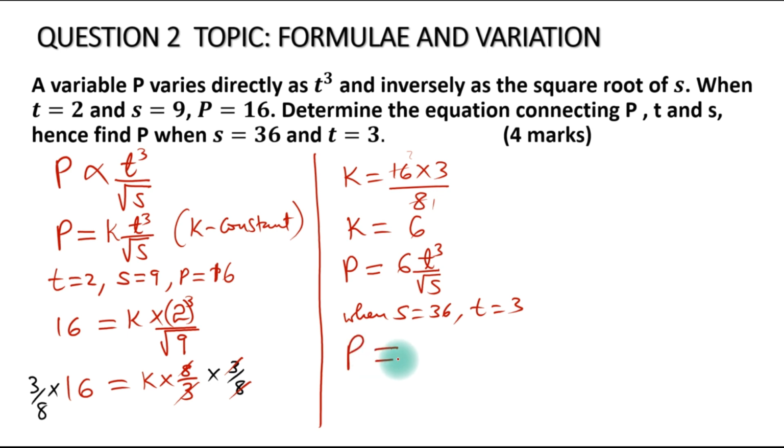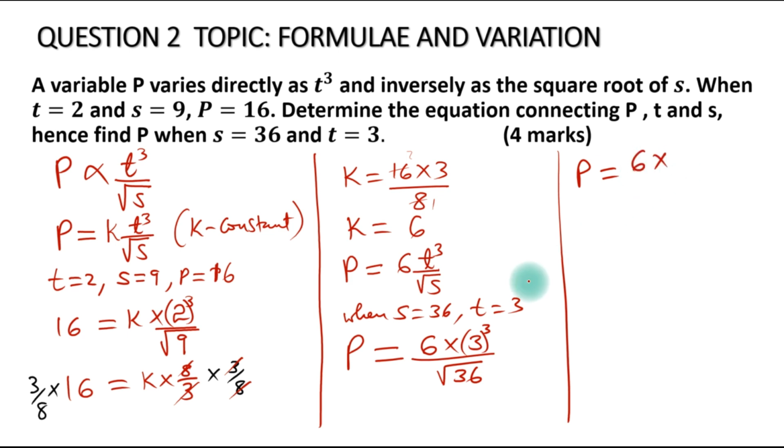Then the value of p will be, substitute into this equation, 6 times 3 raised to 3 all over square root of 36. So this will be 6 times 3 cubed, that is 27, all over square root of 36. Therefore, by 6, 1 by 6, 1, and p will be equal to 27. So that's how we do question 2.